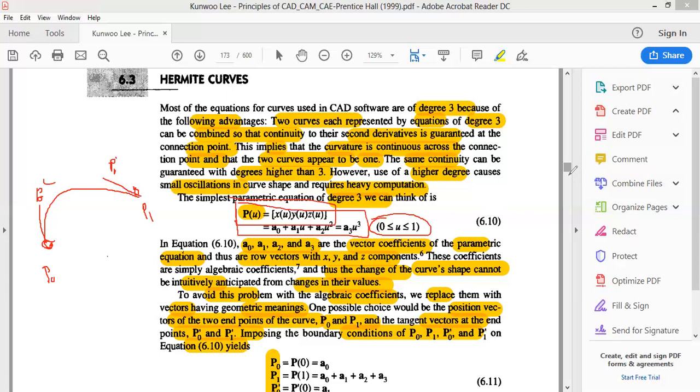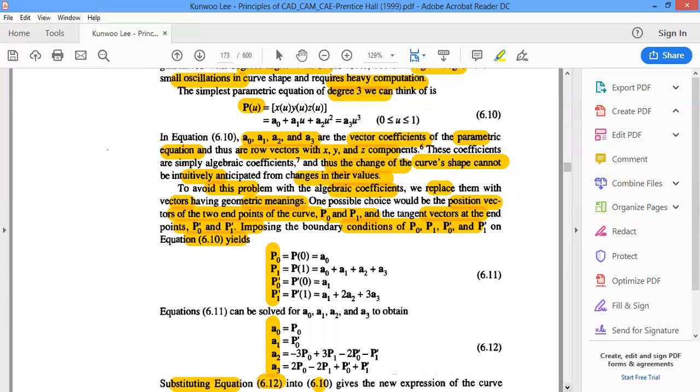With this, we can come out with the values of P0 and P1, as a generalized equation, where the u value varies from 0 to 1.